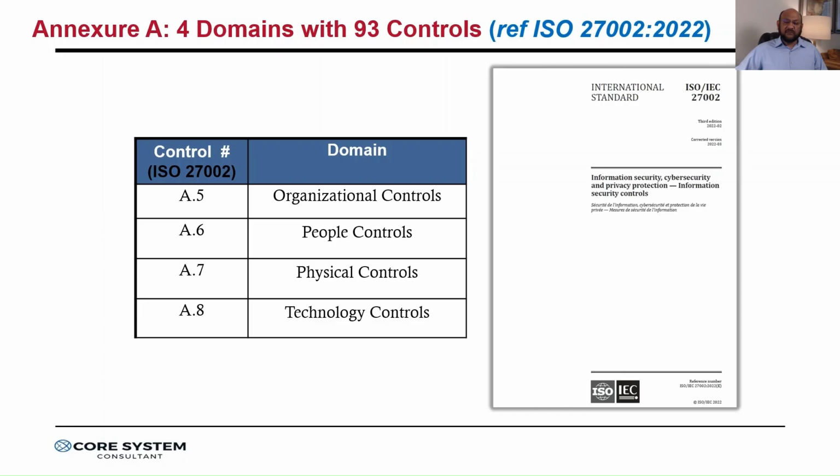And there is a lot of valuable information and guidelines provided in ISO 27002. From there, it is taken and attached as Annex A to the ISO 27001 standard. And it is mandatory to consider that Annex A while implementing and while developing an information security management system, whichever controls may apply.